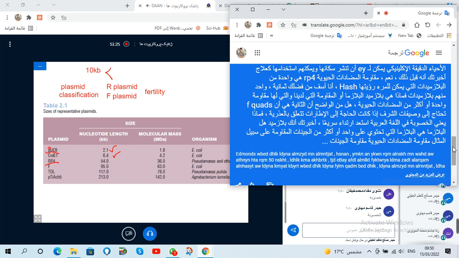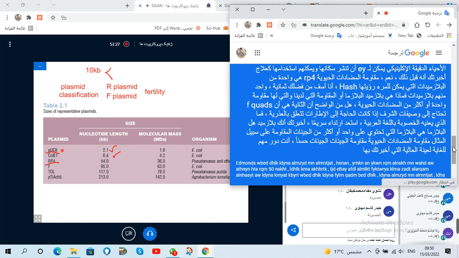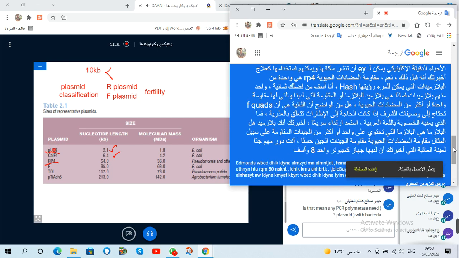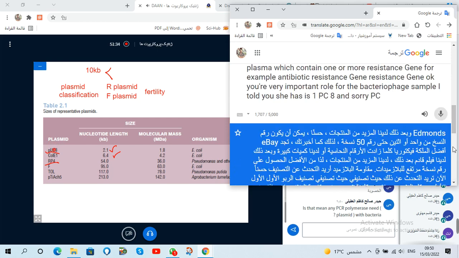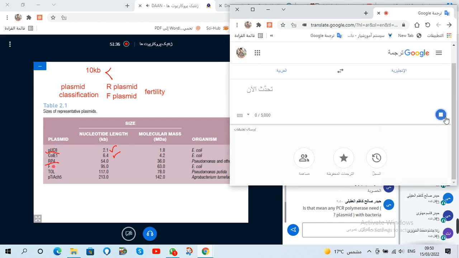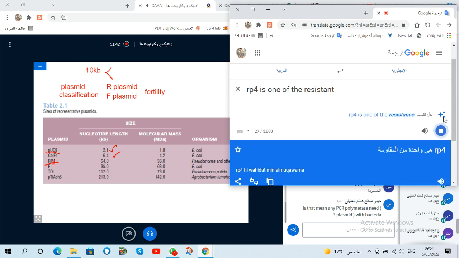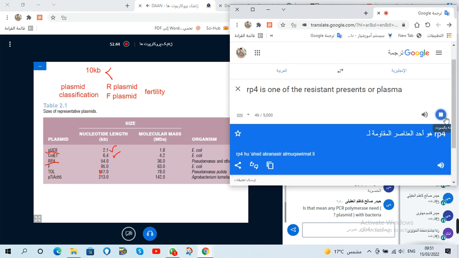For example, I told you pUC8 is one of the R plasmids. RP4 is also one of the resistance plasmids, or R plasmids.